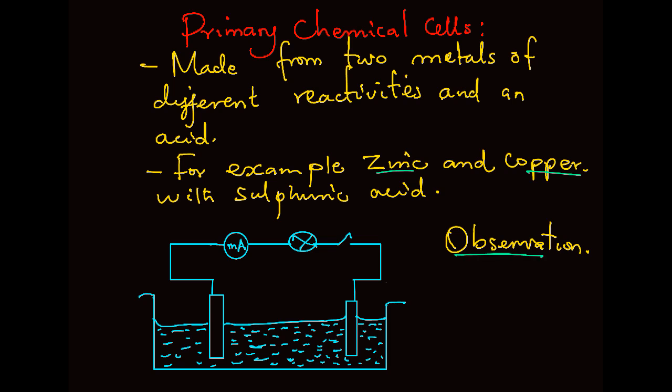So a simple chemical cell, primary cell, can be designed as shown in the diagram. In this diagram, it is observed that bubbles of gas form around the zinc plate.